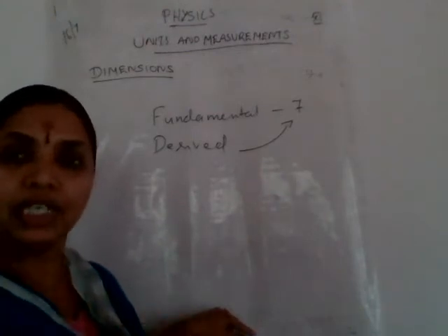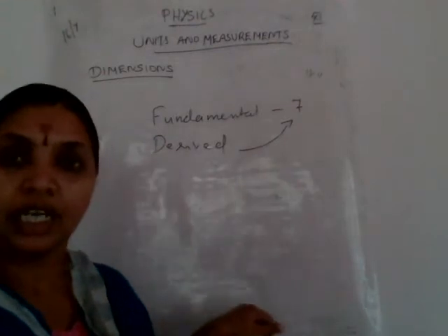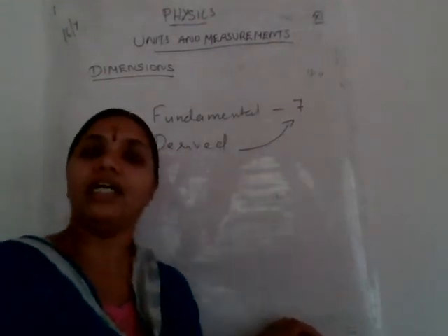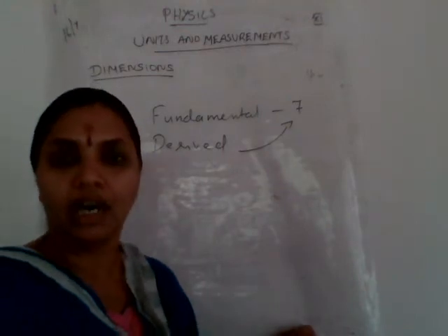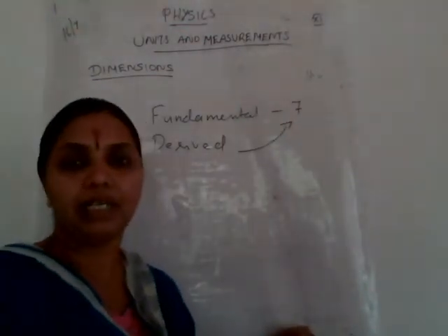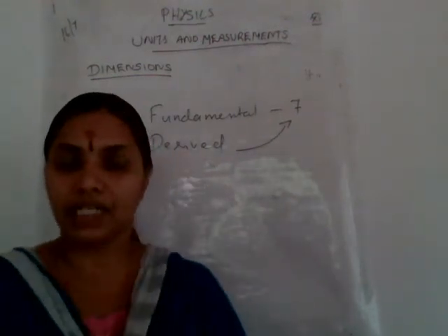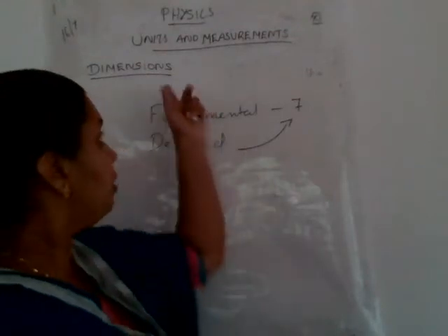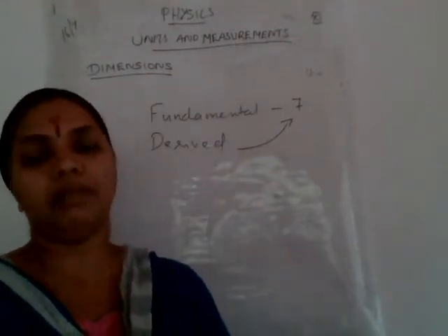So dimension is a representation which gives the relation between the derived quantities and fundamental quantities. How derived quantities are related with the fundamental quantity, that relation we can represent in terms of dimensions. That representation is known as dimensions.